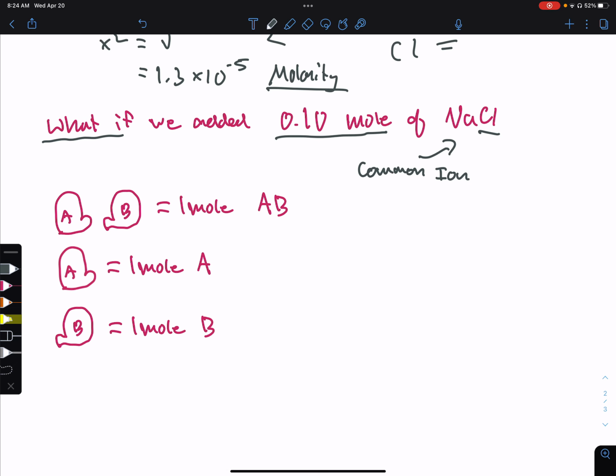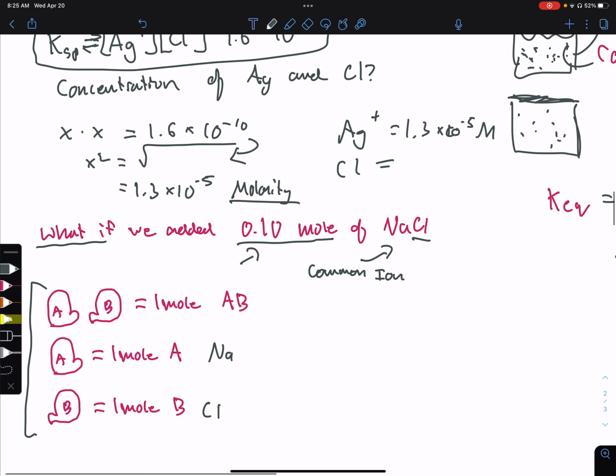What we do is use this basic idea that moles is just the count of something. So if you had 1 mole of NaCl, that's essentially saying that once we break this up, we have 1 mole of Na and 1 mole of Cl. Except now it's 0.1 mole.